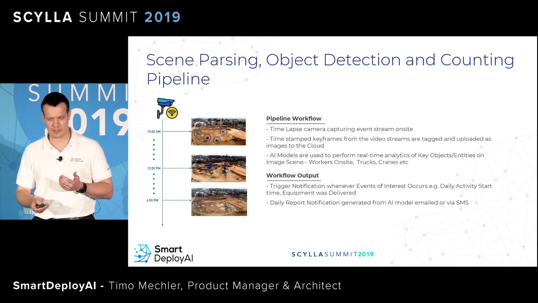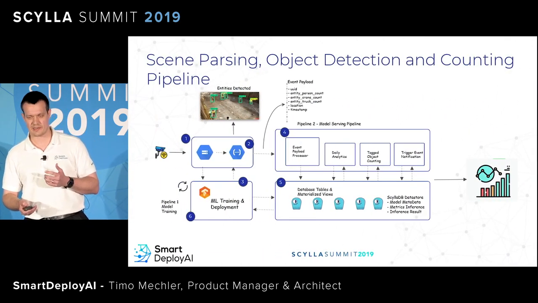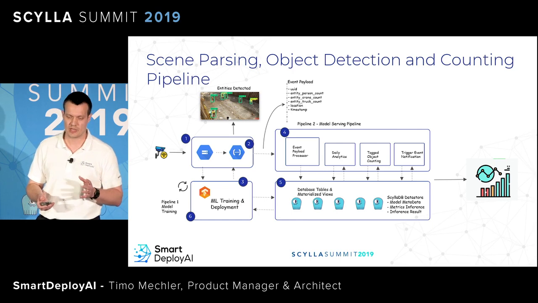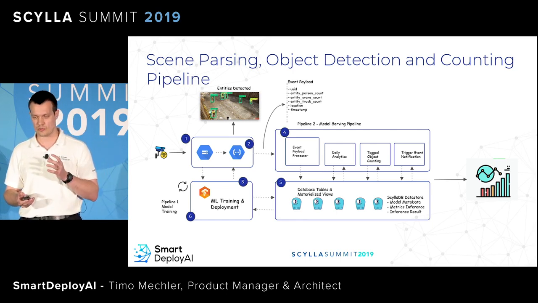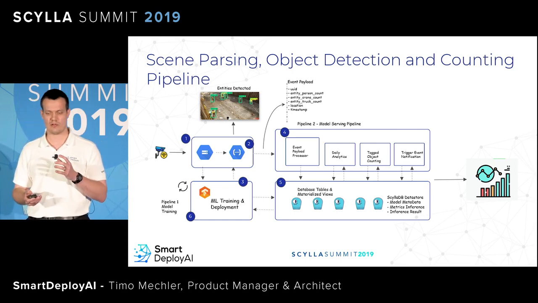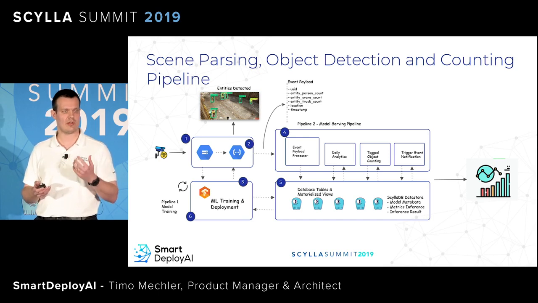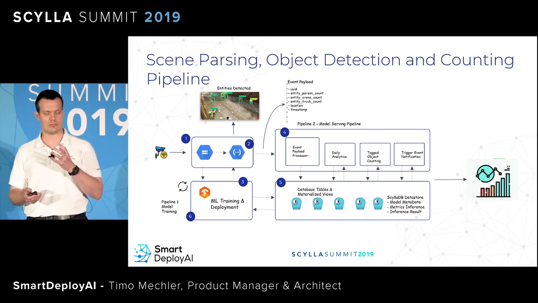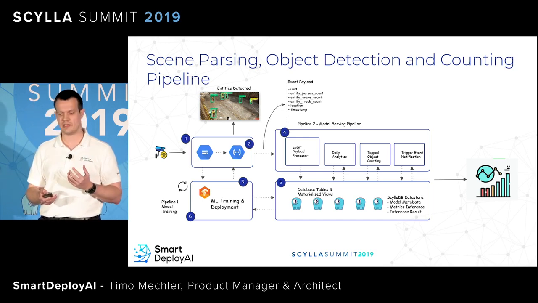So the pipeline for this looks basically like that. We start with ingesting our video streams, our still frames, then go ahead and process those, feed those into a model for training to be able to detect the relevant objects in the video streams. And then once we've got a model, we will deploy that model and actually do the inferencing and the prediction.